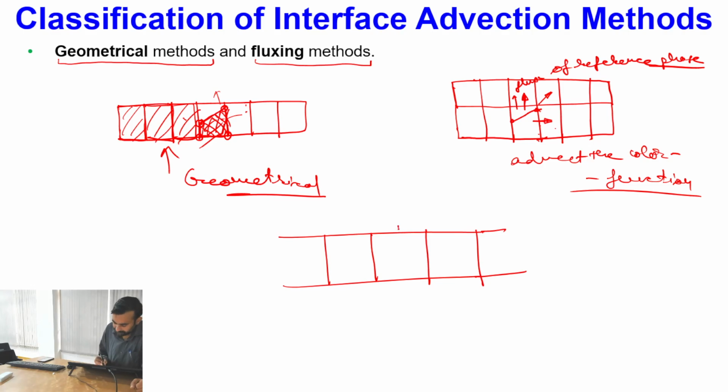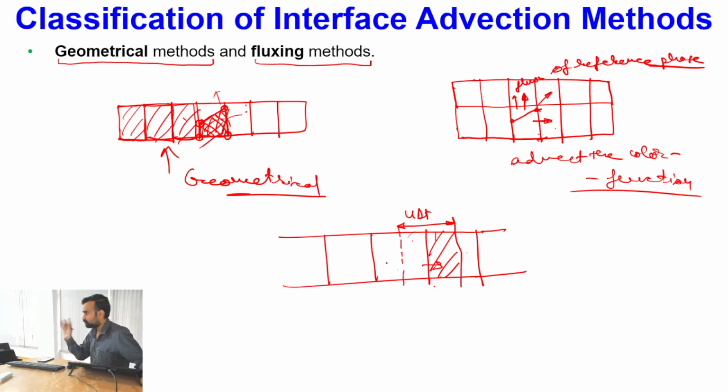First we defined the interface in the direction normal to the interface, and after that, while calculating the fluxes, we considered that if the cell has translated through u delta t, then this much portion will not cause any flux, but only this much portion will come as incoming flux to this rightward cell or outgoing flux to the leftward cell. Is this point clear? So when we estimated this flux, we took the help of geometry for estimation of the flux. All are clear with this idea?